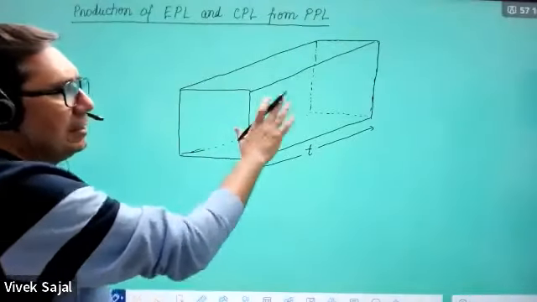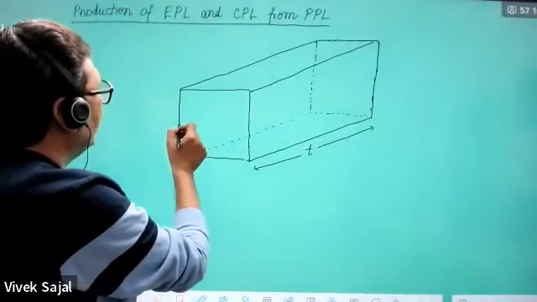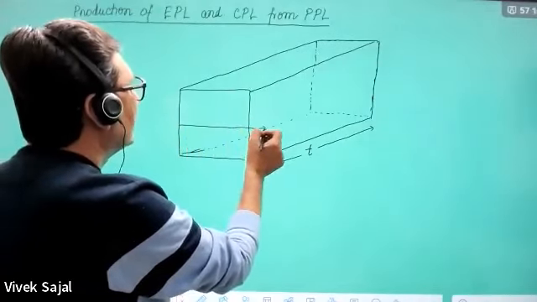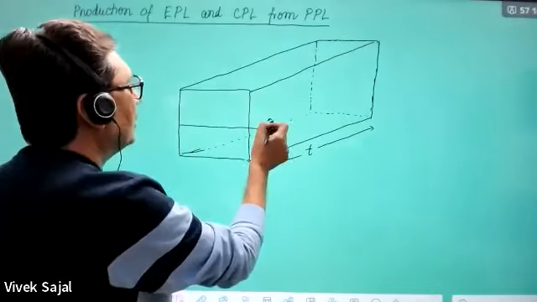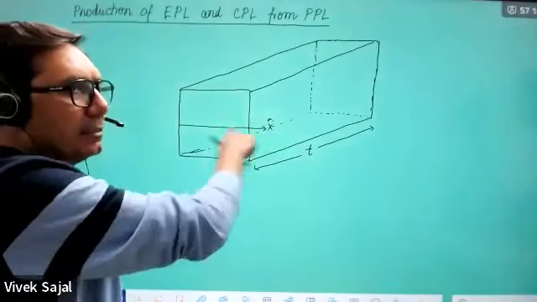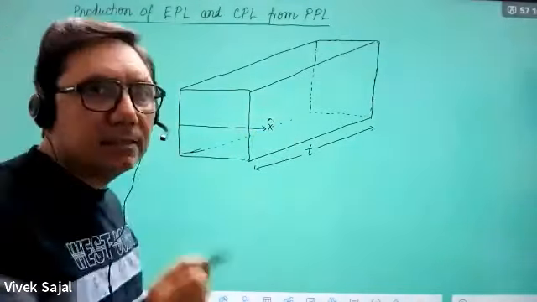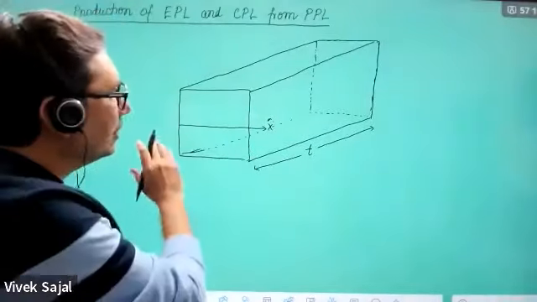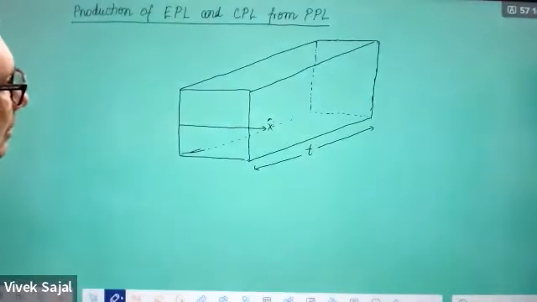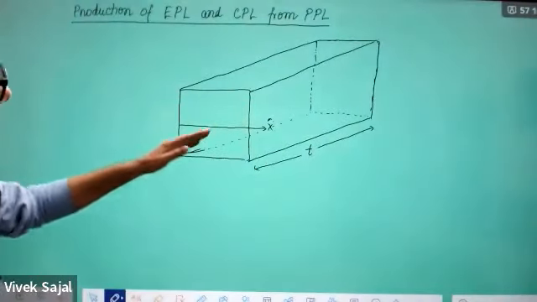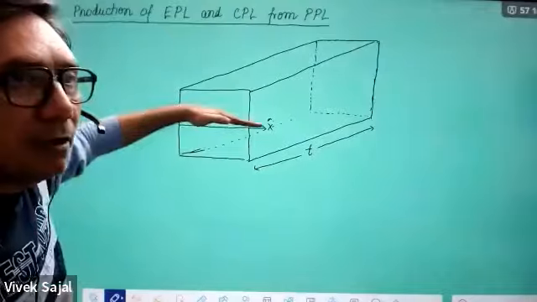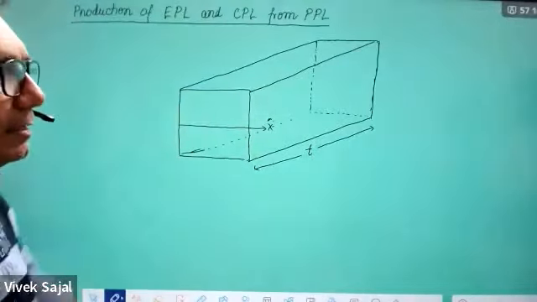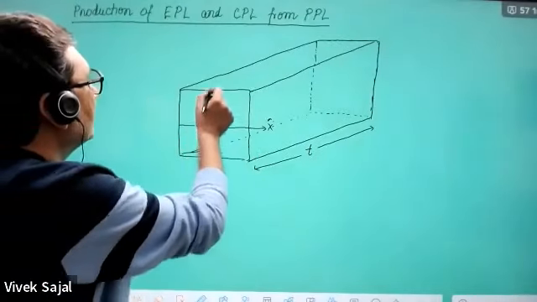Now you have cut this calcite crystal in such a way that this axis, suppose this is the x-axis, and this x-axis is the optic axis of this calcite crystal. So we cut this calcite crystal with its optic axis parallel to this face, along the x-axis. This is the y-axis here.